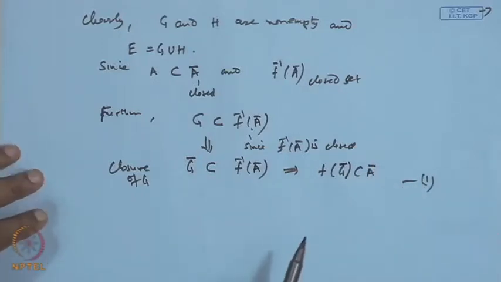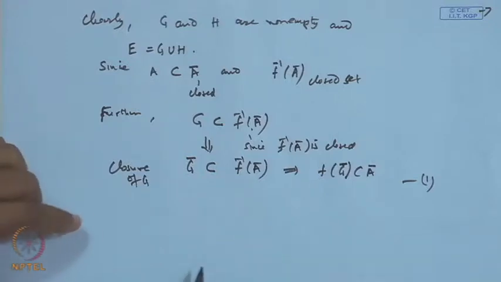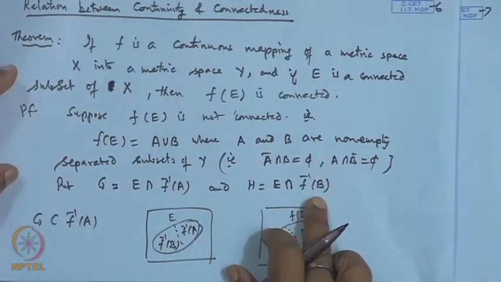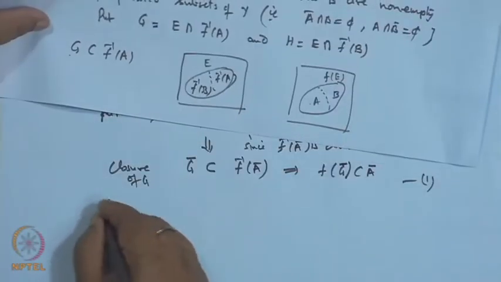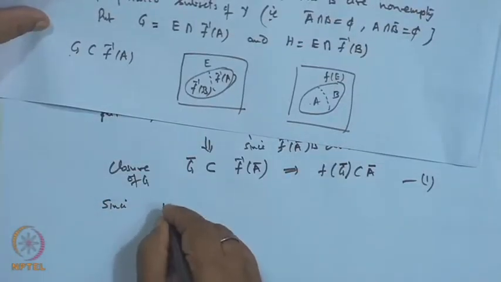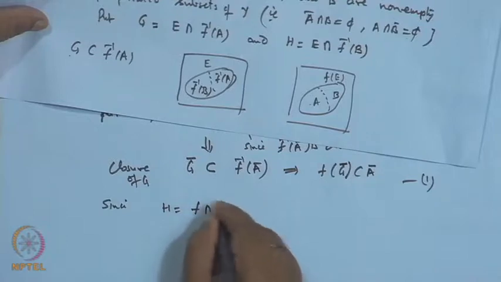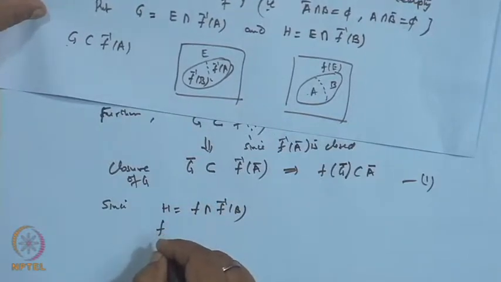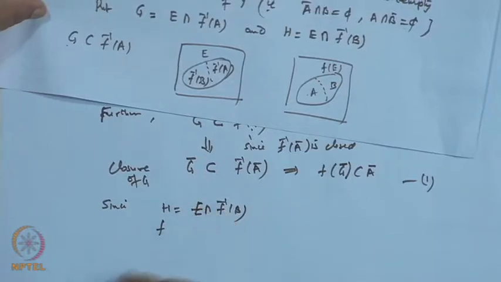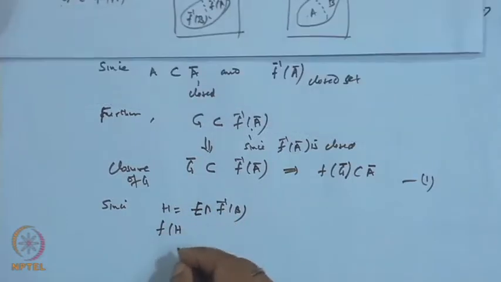Now, what is our H? The H is E intersection f inverse B. So, f of H will be what?